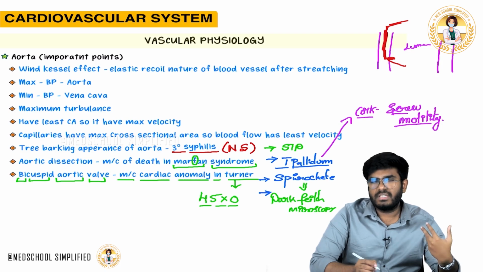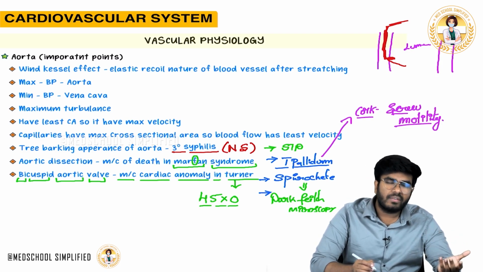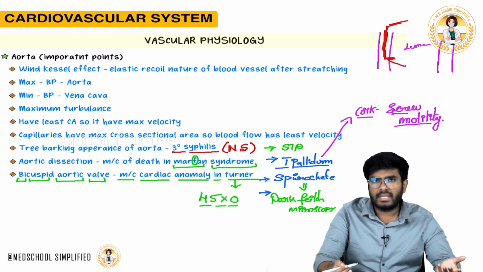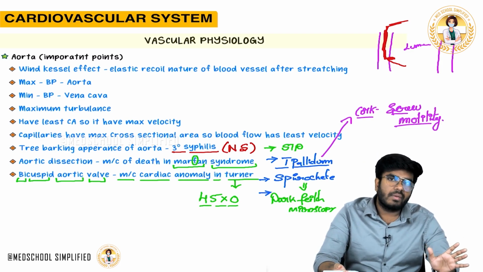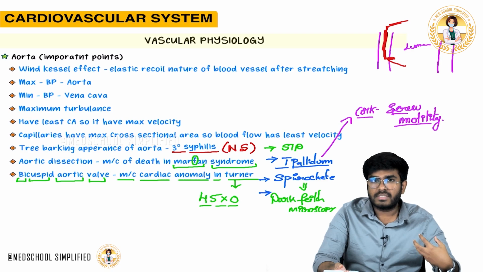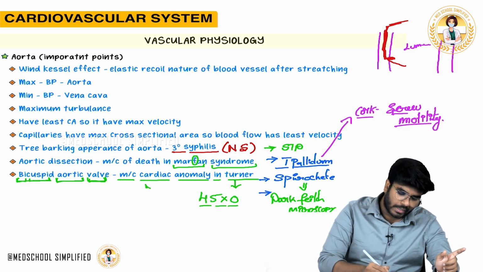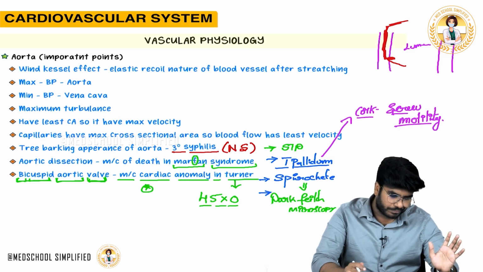Whenever she is missing one X chromosome, she has different clinical manifestations, starting from head to toe. One such manifestation, especially with the heart and the aorta, is the bicuspid aortic valve. The aortic valve is bicuspid in nature, and that is the most common cardiac anomaly in Turner syndrome.